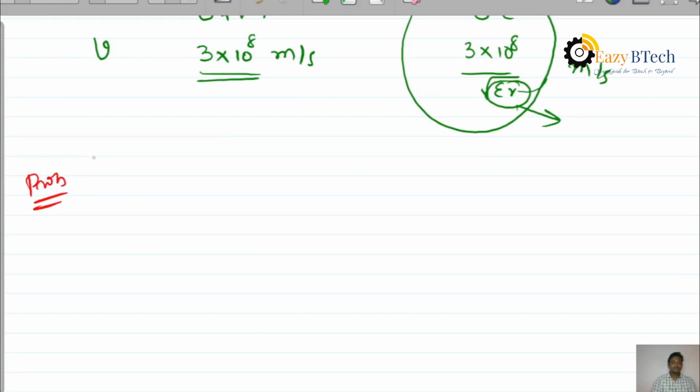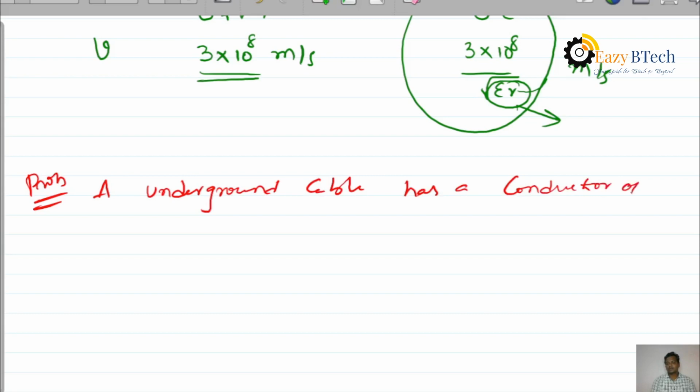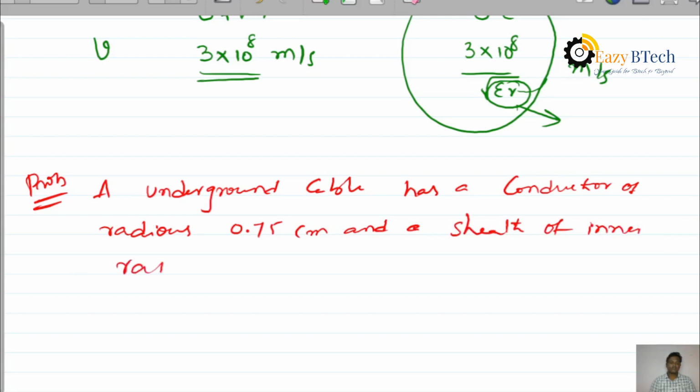A underground cable has a conductor of radius 0.75 centimeters and a sheath of inner radius 2.5 centimeters.